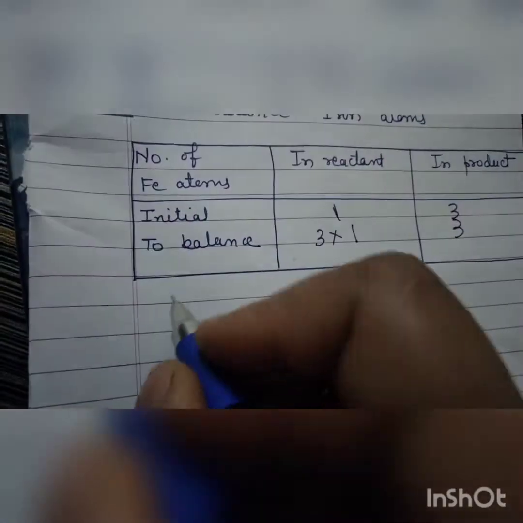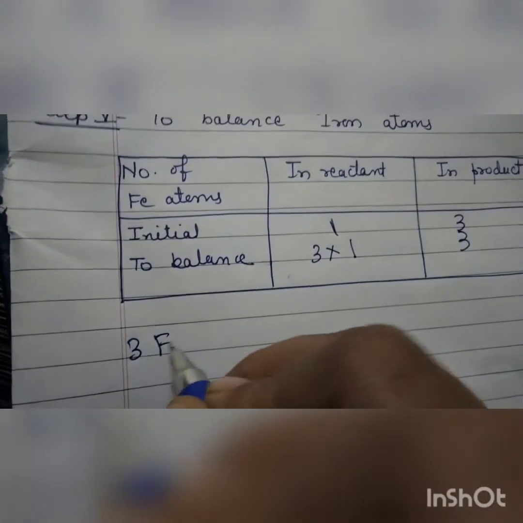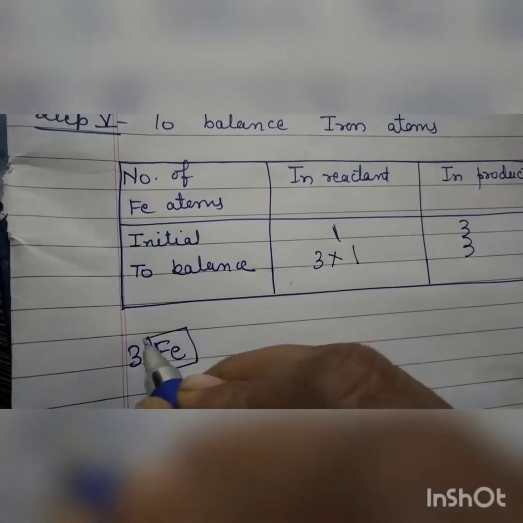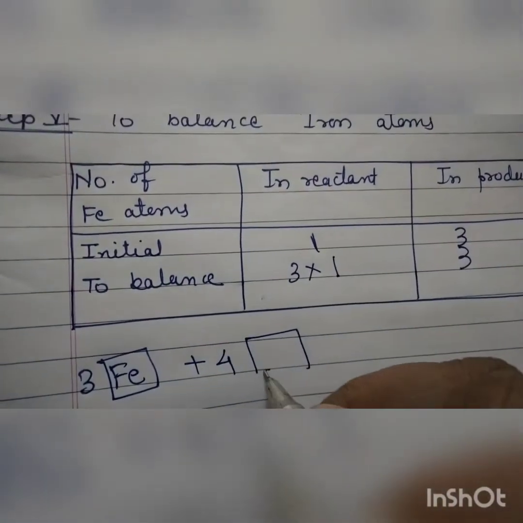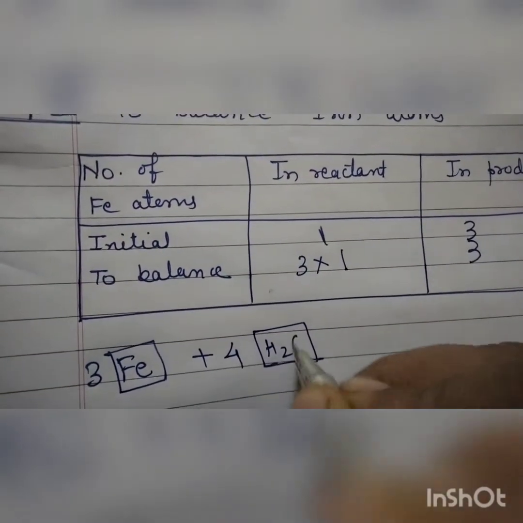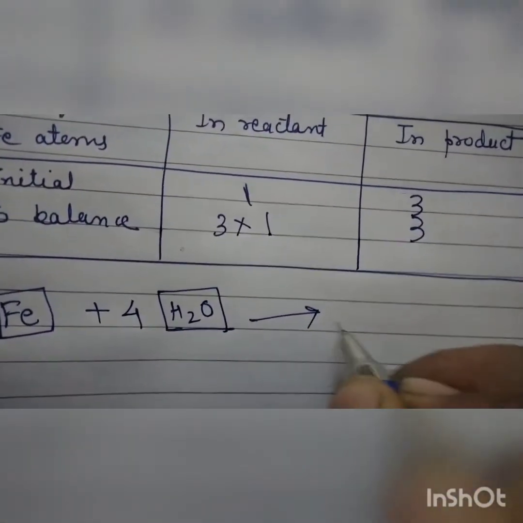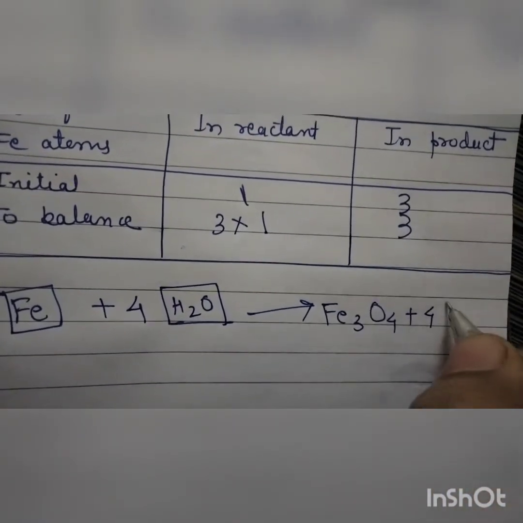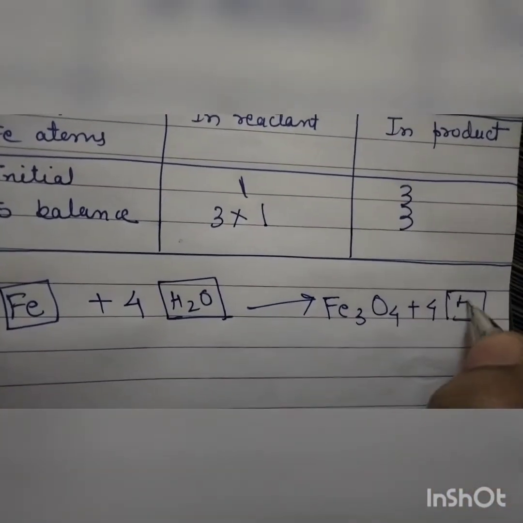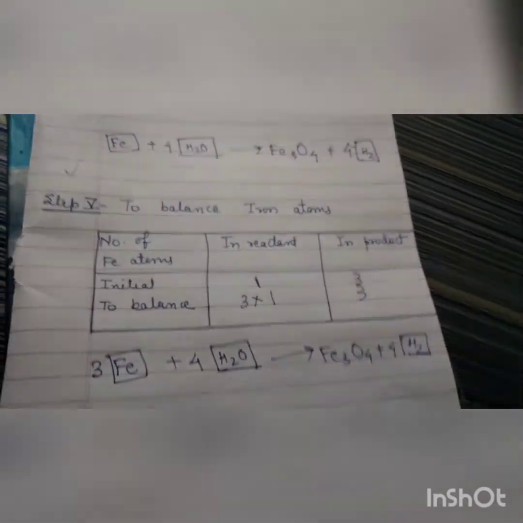So our new equation will be 3Fe plus 4H2O. In this way we will write this equation.